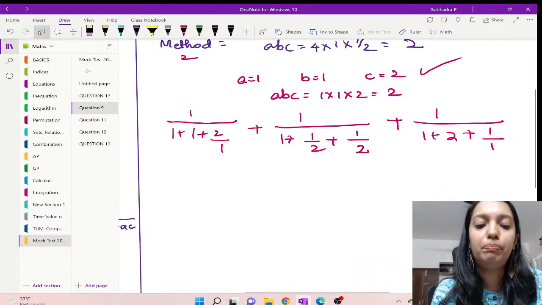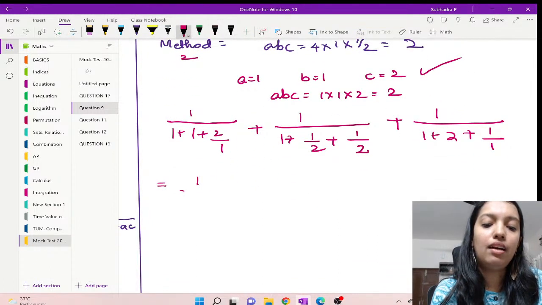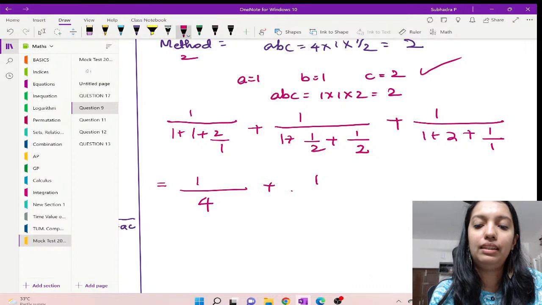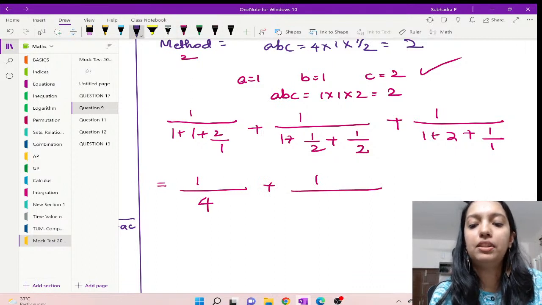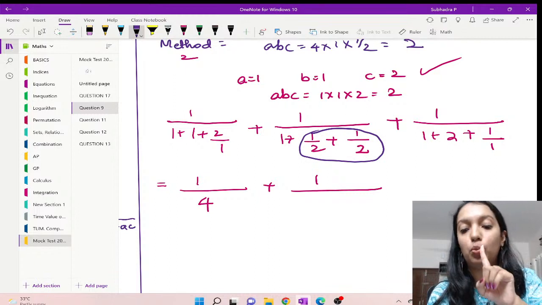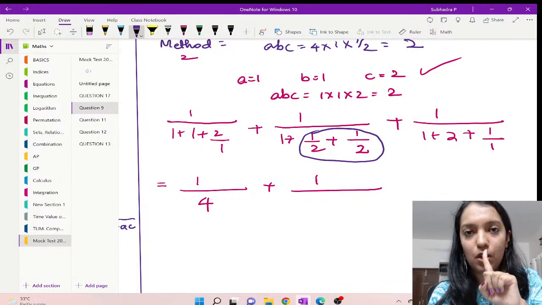So this is a little simple method. 1 divided by 1 plus 1 plus 2. 2 plus 2 is 4 plus 1 divided by. Now you can observe that there is half plus half. That means your total will be given as 1. Half plus half is equal to 1, correct?